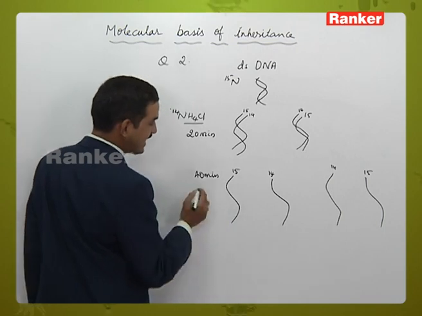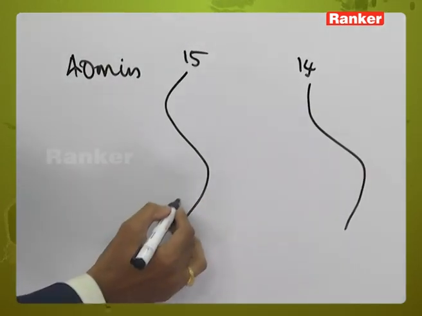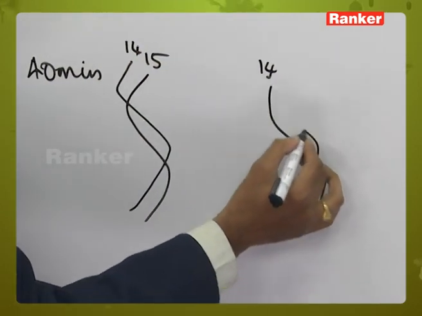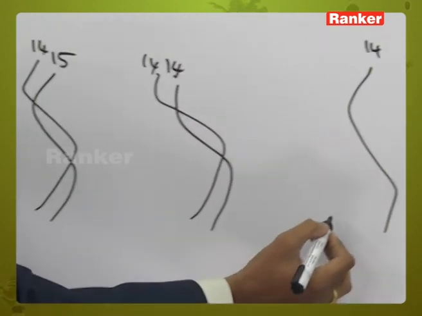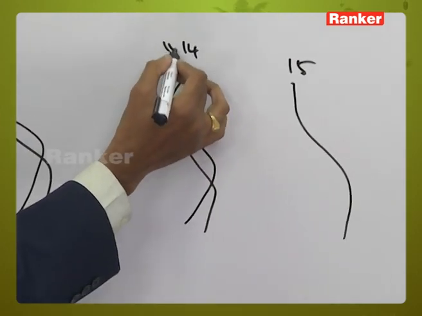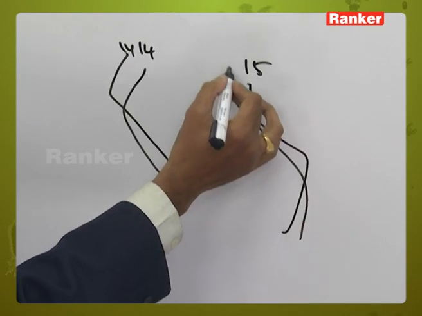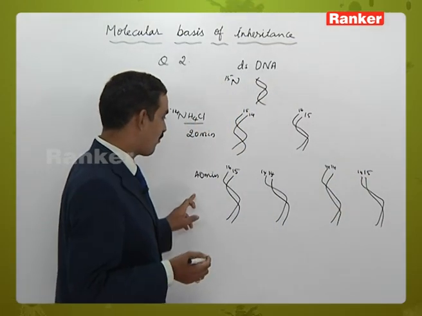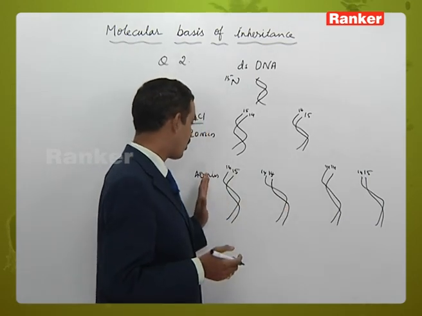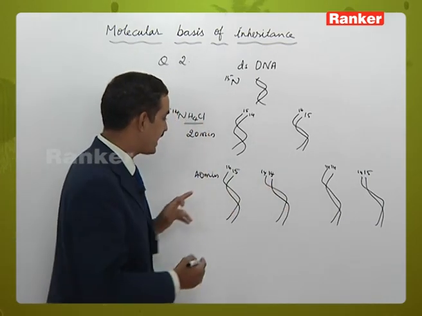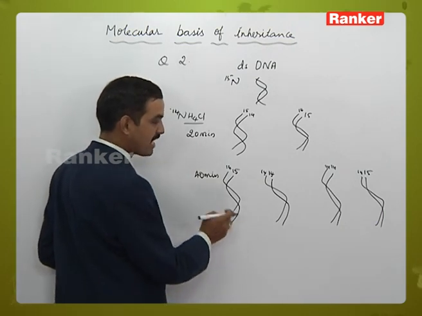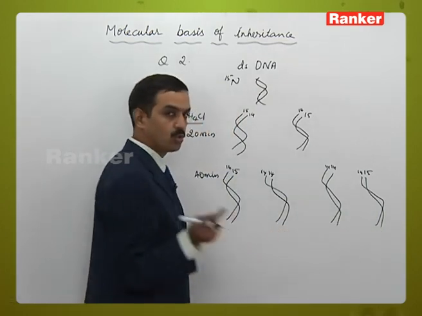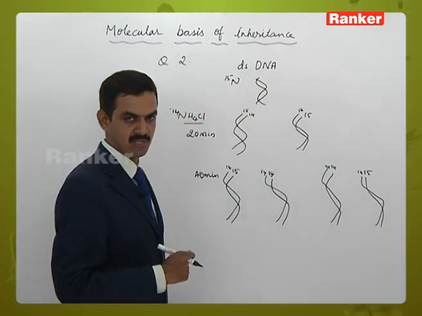Then, as they are kept in the 14 medium, each starts synthesizing a new strand of 14 type. That means after 40 minutes we get a total of 4 DNA molecules, in which one is a hybrid with 14 and 15, another is also a hybrid with 14 and 15, whereas the remaining two have both strands of 14 nature.